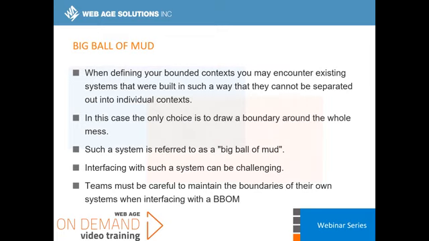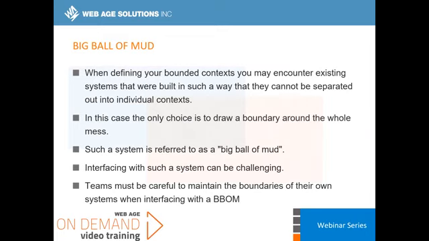What happens is your legacy applications are often so intertwined and so complex that you really can't separate out the individual bounded contexts. All right? So when that happens, the boundary becomes the whole mess, whatever the mess is, the legacy application, and nobody thinks big ball of mud is a good thing.